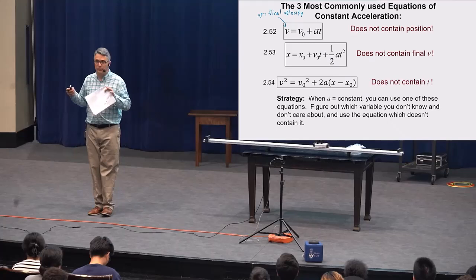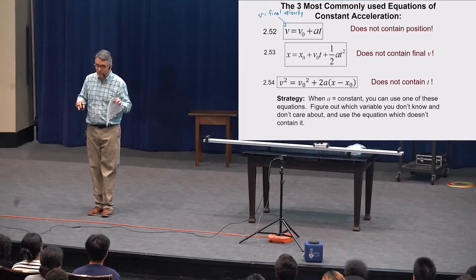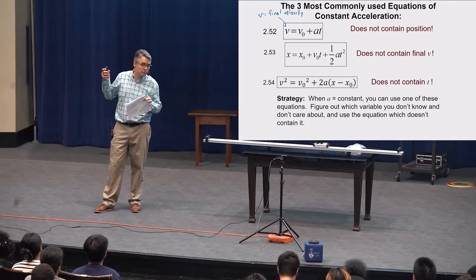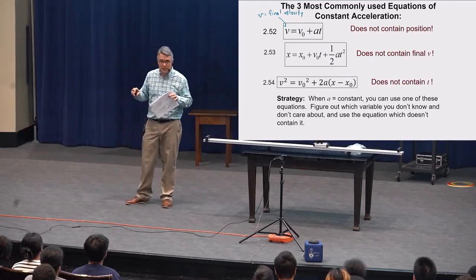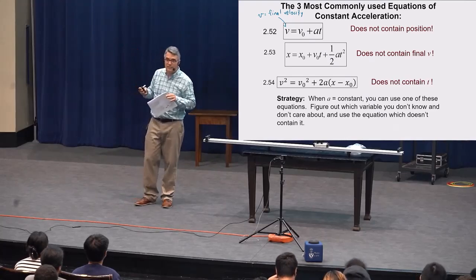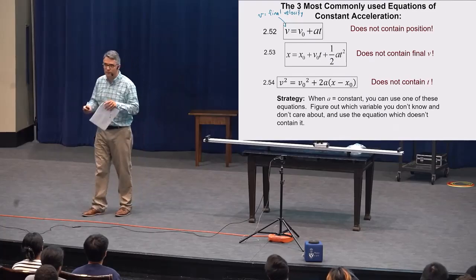So it's the variable you don't care about. If nobody asks you about the change in position, then you can use equation 2.52. If nobody asks you what the final velocity is, then you can use equation 2.53, that second one. And if nobody asks you how much time passed, then you can use equation 2.54.